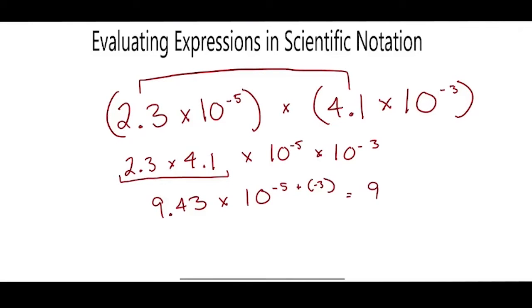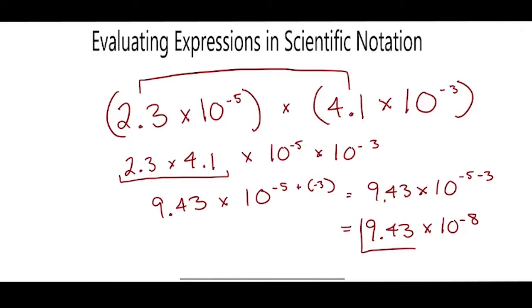Well, that's 9.43 times 10 to the negative 5 minus 3. And now I have 9.43 times 10 to the negative 8th. You've got to always make sure that this part of the number is between 1 and 10. 9.43 is definitely between 1 and 10. So my final answer is 9.43 times 10 to the negative 8th power.